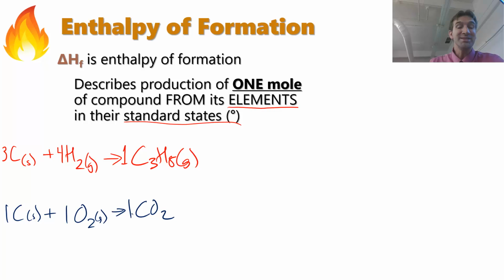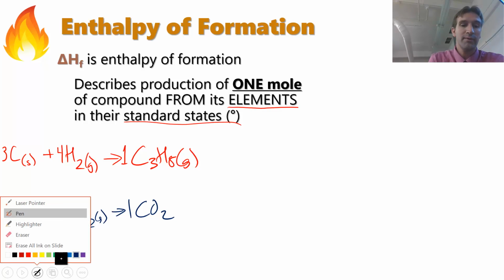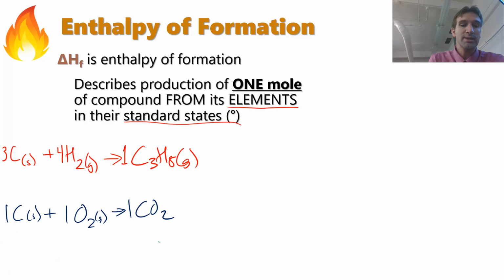Let's say that it was instead water. Okay, so if I try water out, that's going to be H2O as a final product, right? Water, though, is going to come from hydrogen and oxygen. So we have H2 in the gas phase, and we also have O2 in the gas phase.